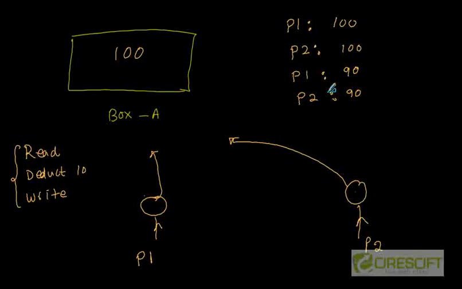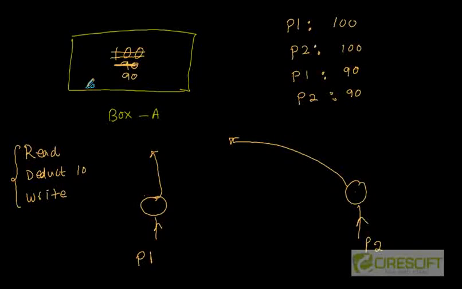Then let's say P1 writes back, so it was 100, and P1 now writes 90. Then P2 also goes on and writes back, and whatever P1 wrote, P2 overrides again to 90.